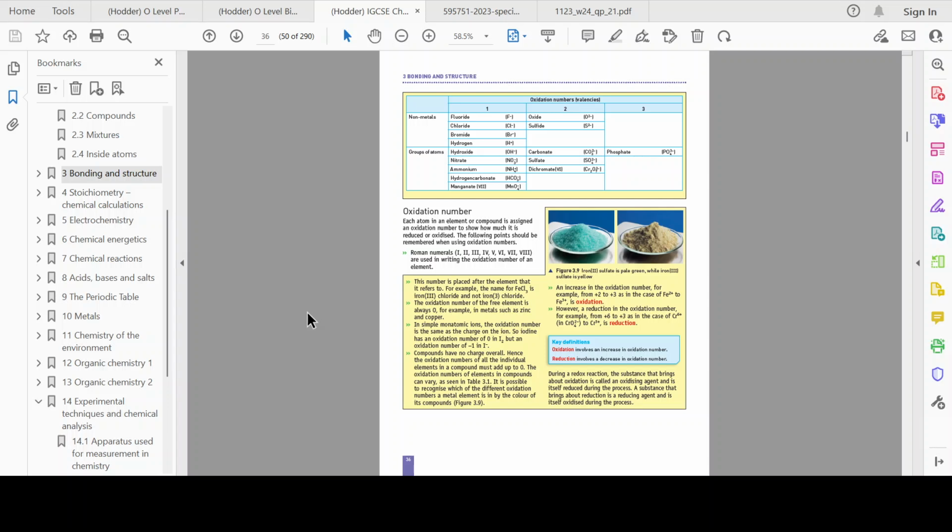Or oxidation is an increase in oxidation number, and reduction is a decrease in oxidation number. If the numbers are going up positively, that's oxidation. If the numbers are coming down, from positive to less positive or going into negative, that's a reduction.